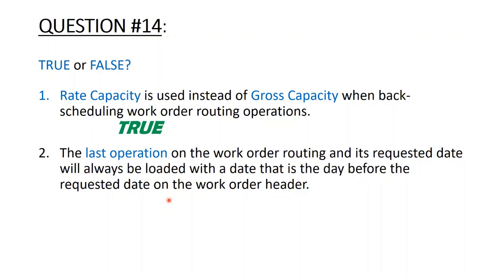The last operation on the work order routing and its requested date will always be loaded with the date that is the day before the requested date on the work order header. True. Give yourself a point for each if you got them right.